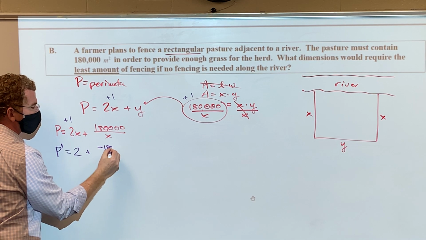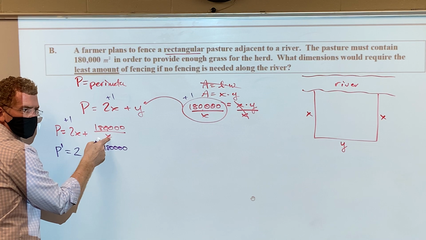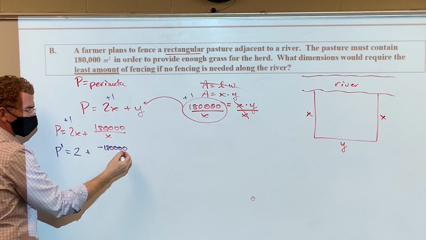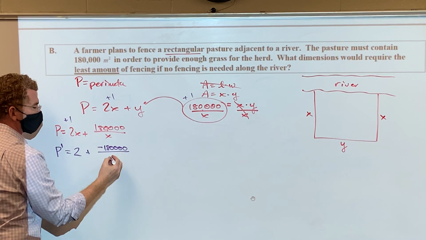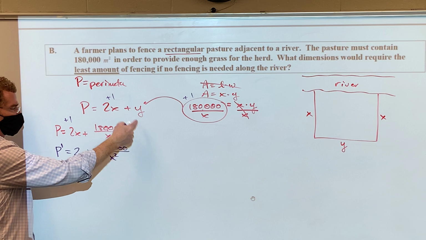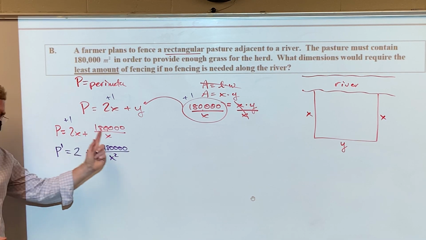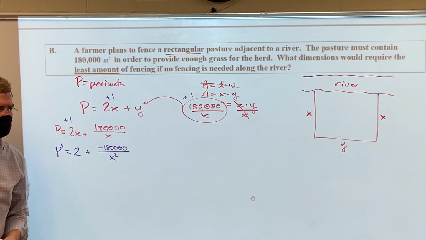Minus high, d low. Negative. So just times 1, right? Over low squared. So I like doing that, but if you want to treat it like an x to the negative 1 and go negative 180,000 x to the negative 2, same difference.